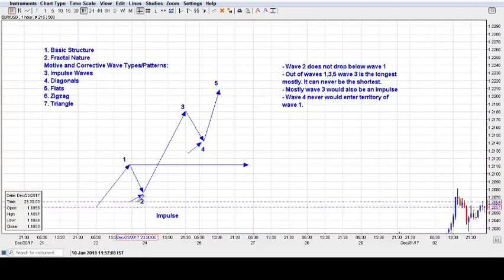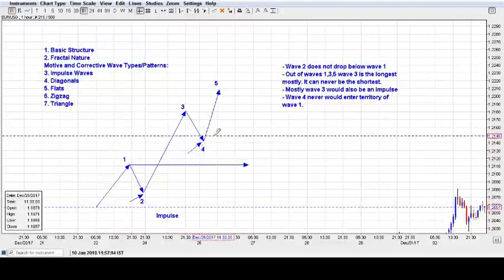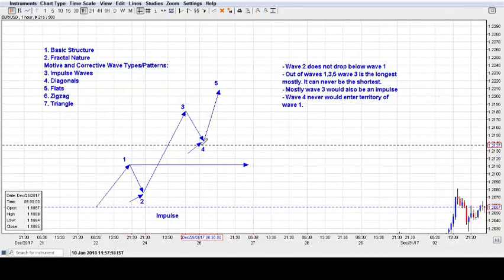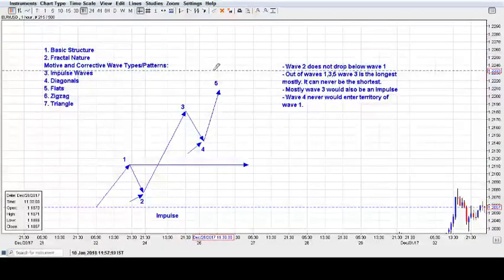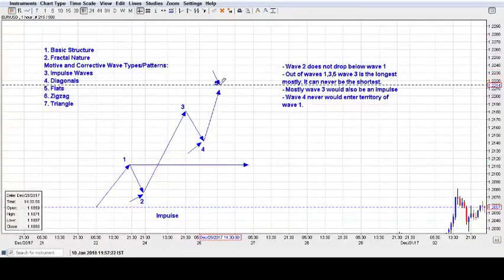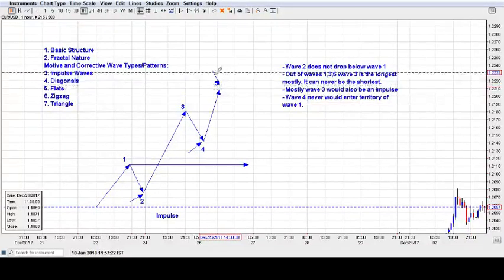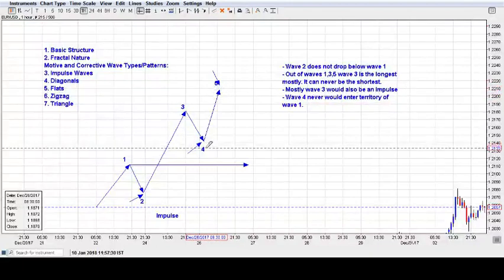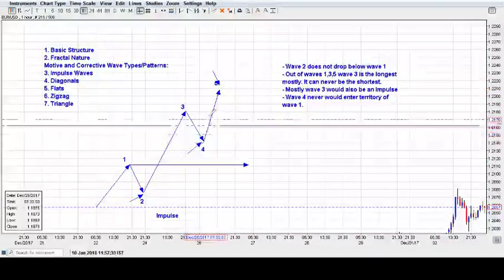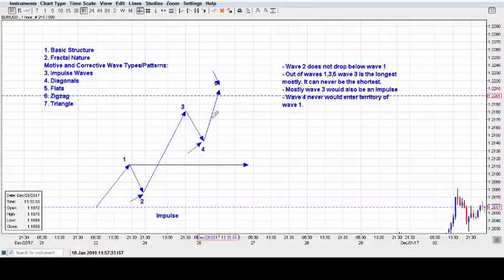Right, so you've got the first entry point here, the second entry point at the termination point of wave 4. If you are an aggressive trader, the third entry point you will take at the termination point of wave 5. This is aggressive trading. You have to be very confident about the potential wave counts.